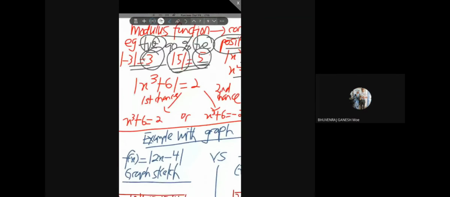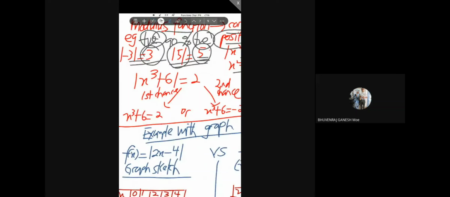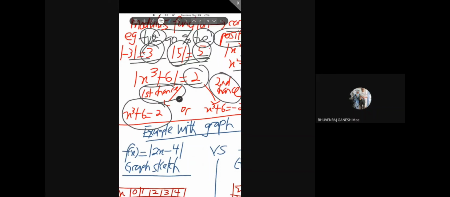So let's say I give you an example here, this time with the value at the right hand side, of course. x cube plus 6 modulus equals 2. So you have two chances again here, as you saw before. You can either say x cube plus 6 equals 2 or x cube plus 6 equals negative 2.